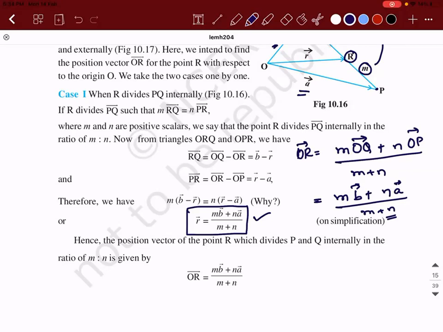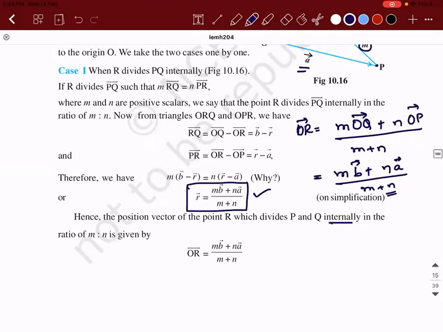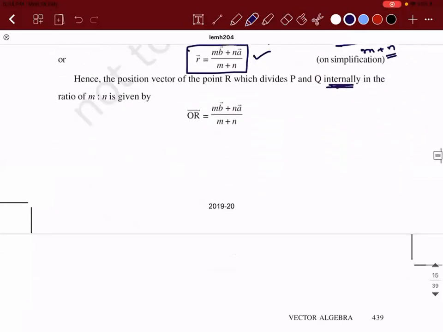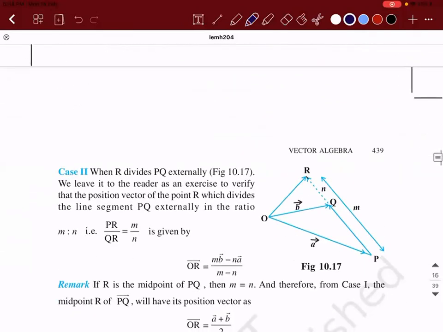This is the position vector of the point which is dividing the points P and Q in the ratio M is to N internally. Sometimes there will be an external division taking place.